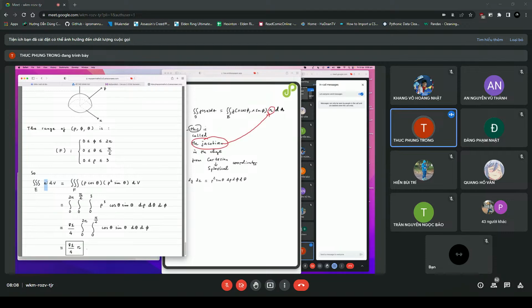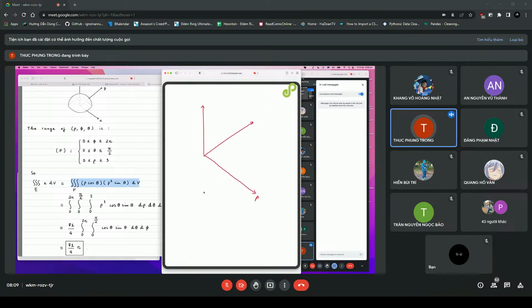The main thing right here is that the new domain is very good because it's a rectangular domain, right? Do you see that?